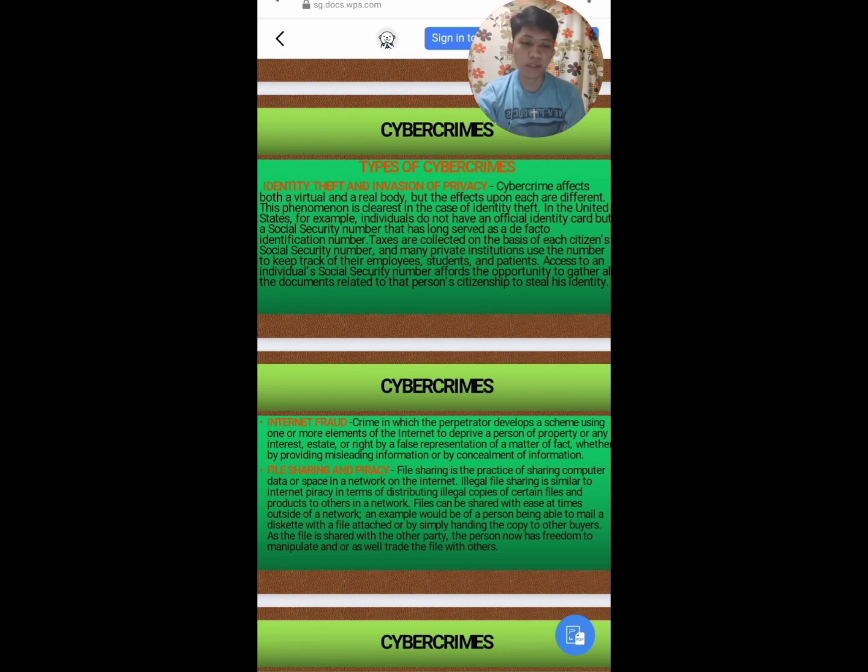Internet fraud may include spam, scams, spyware, identity theft, phishing, or internet banking fraud. Spam is a term used to describe electronic junk mail, messages sent to your email account or mobile phone.